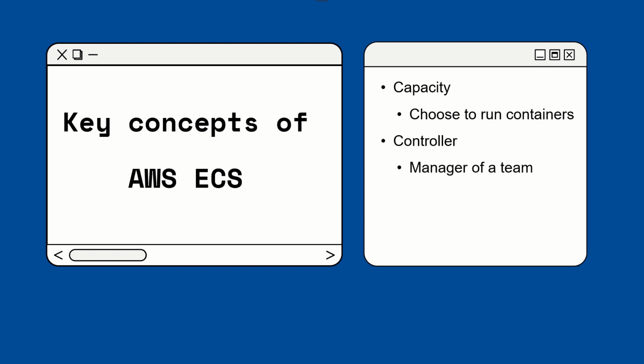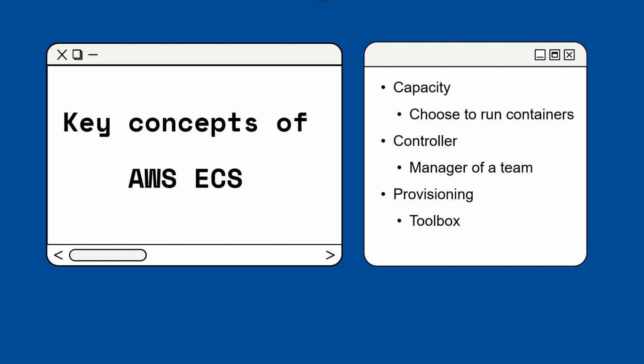Next, we have the controller. This is the part of Amazon ECS that deploys and manages your applications that run on the containers. Think of it as the manager of the team, making sure everyone is doing their job correctly. And lastly, we have provisioning.